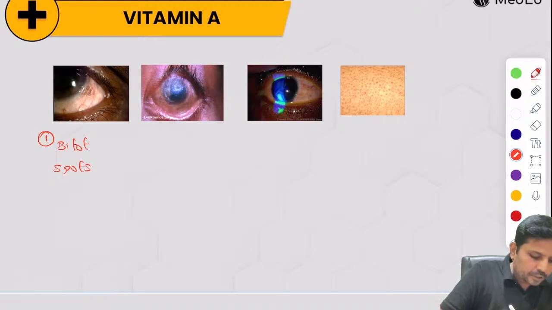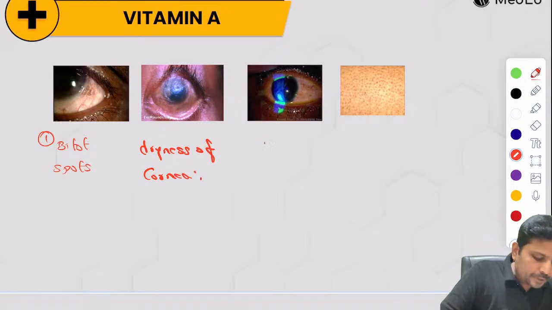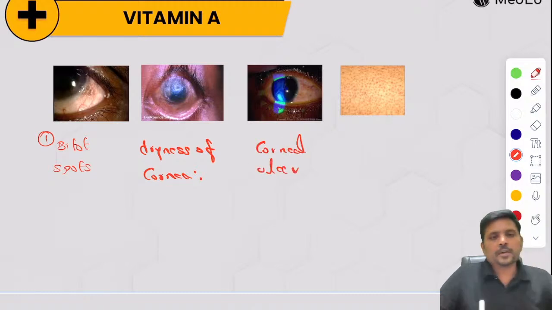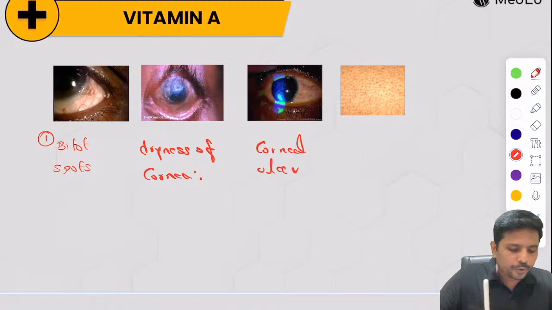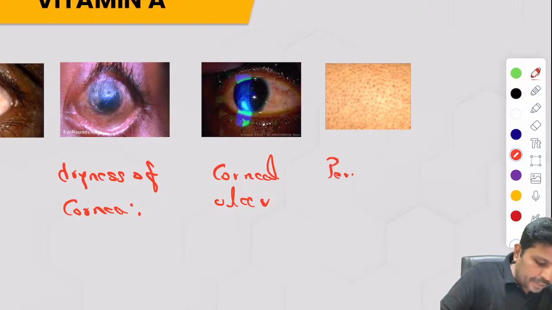The second one, look at this. There is xerophthalmia, dryness of cornea. First it involves the conjunctiva, then it involves the cornea, then comes corneal ulcer. So xerophthalmia, corneal ulcer, Bitot spot are not the only manifestations of vitamin A deficiency, you also have skin manifestations. What are the skin manifestations?